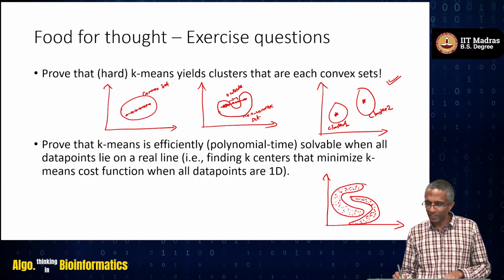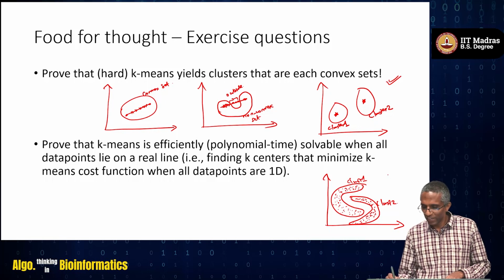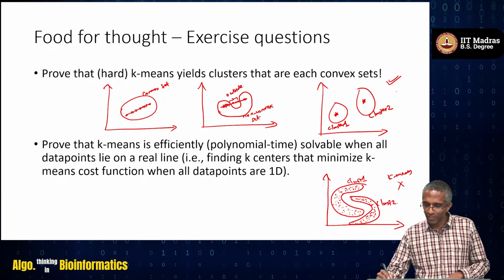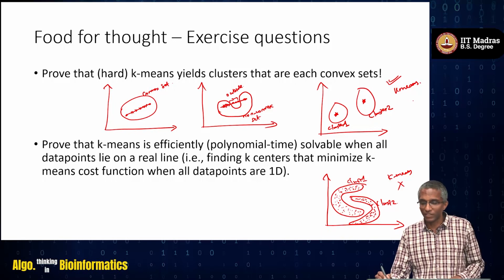Then our human mind can figure out these are the two clusters, cluster 1 and cluster 2. But k-means won't work here, but k-means will work in the earlier case if the initializations are correct.